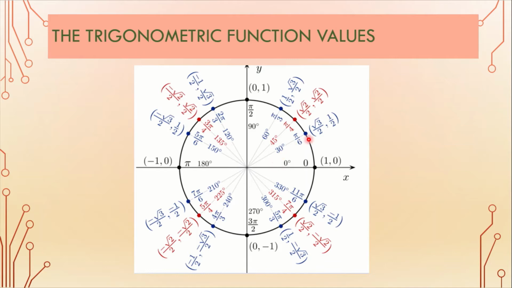So here, if you want to solve cosine of 30 degrees or cosine of pi all over 6, that is equal to square root of 3 all over 2. And sine of 30 degrees is 1 half. Okay?